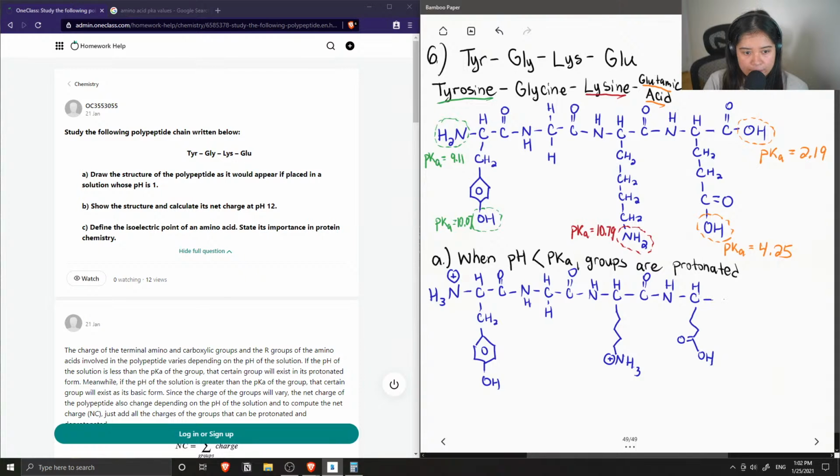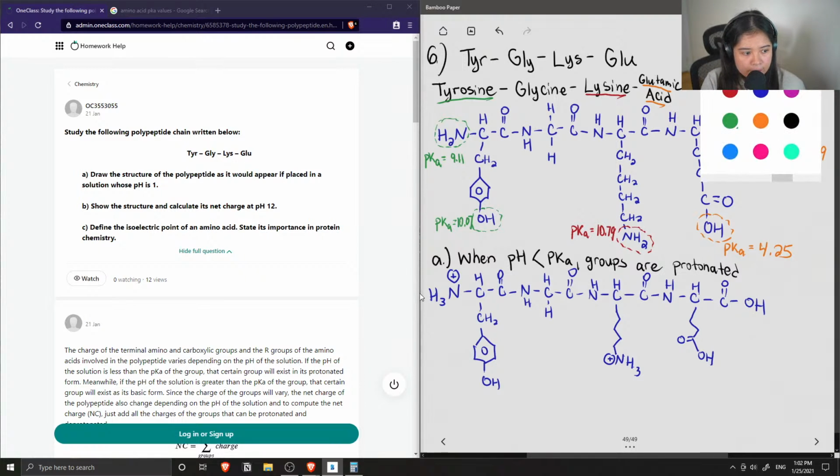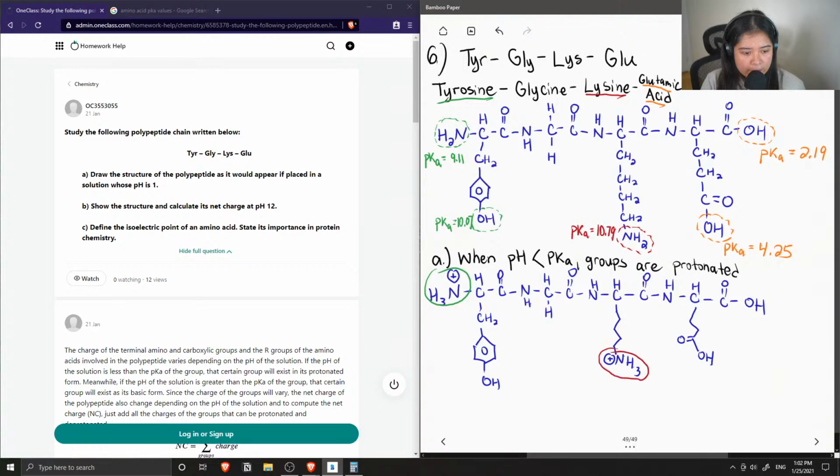And then finally, our end group. Okay, so this is the structure when the pH is 1. Notice that our amine groups are protonated because their pKa values are greater than the pH.